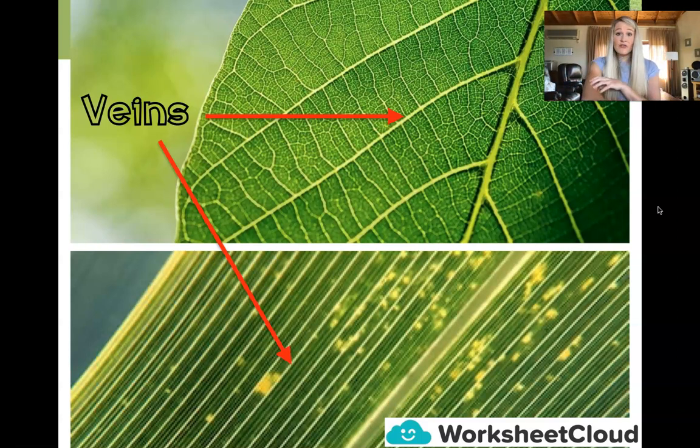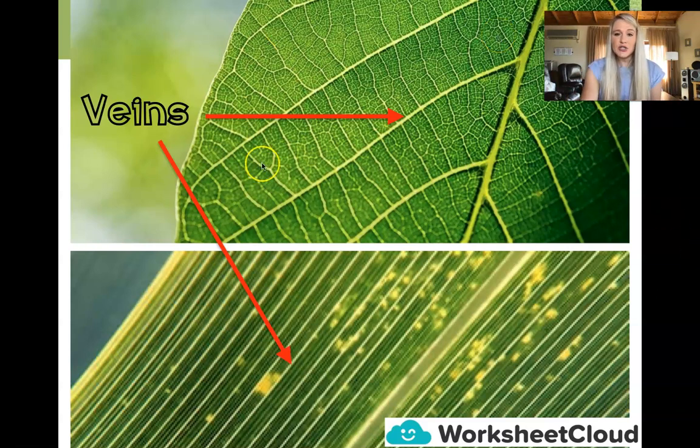Now we have got veins throughout our body, and veins in our bodies are there to carry blood that's full of oxygen, or blood where our bodies have now used the oxygen and there's carbon dioxide and we want to get rid of the carbon dioxide. Veins in our body carry all the nutrients and everything that we need around our bodies to where it is needed. And veins in a plant do exactly that.